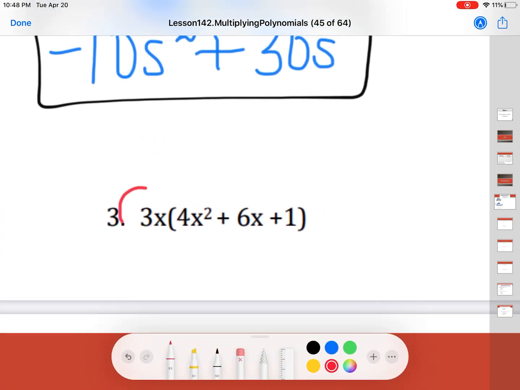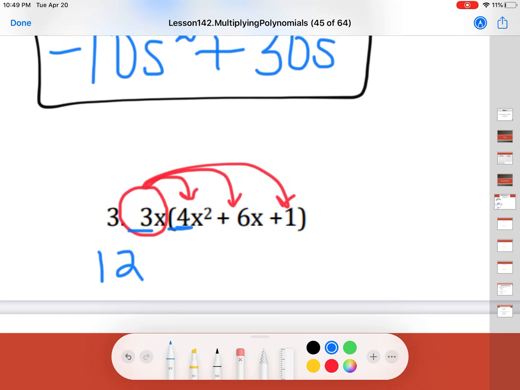Okay, let's do another one. Same exact thing, just a little bit bigger. So this number in front needs to distribute to all of my terms. 3 times 4 is 12. There's an x here, there's 2 x's here, so that makes x to the third. 3 times 6 is 18.